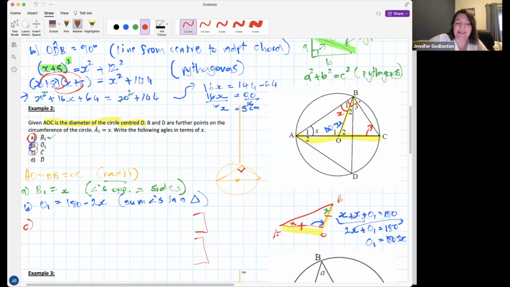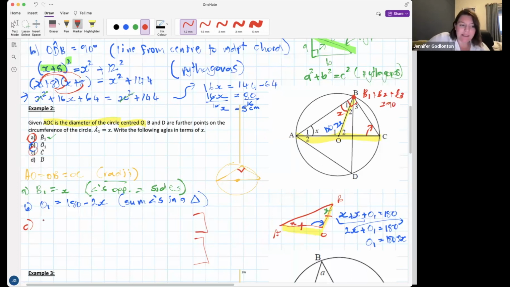You're absolutely right. So all we're going to do is write everything that you've just said down in our little reasons now. That was perfect. Okay, so because AOC is our diameter and we've got B on our circumference, all of those angles together, B1 plus B2 plus B3, let's write it over here for clarity, is equal to 90 degrees.